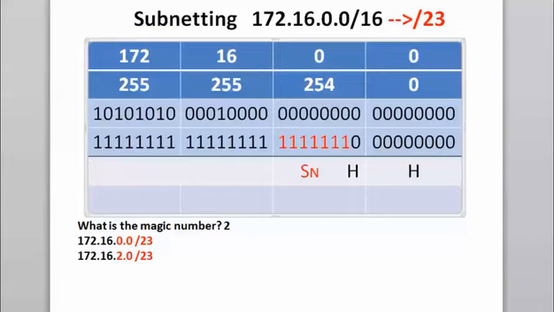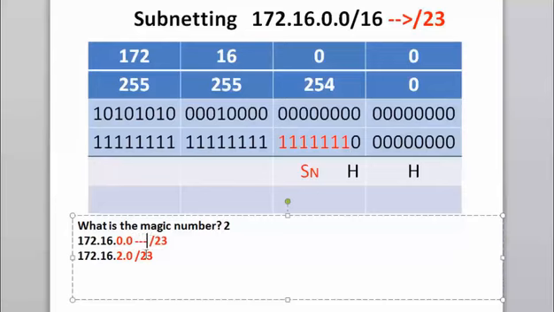In other words, the network goes from 0.0 all the way up to 172.16.1.255. So the first usable host address would be 0.1, and the last usable host address would be 1.254. The next subnet starts at 2.0.